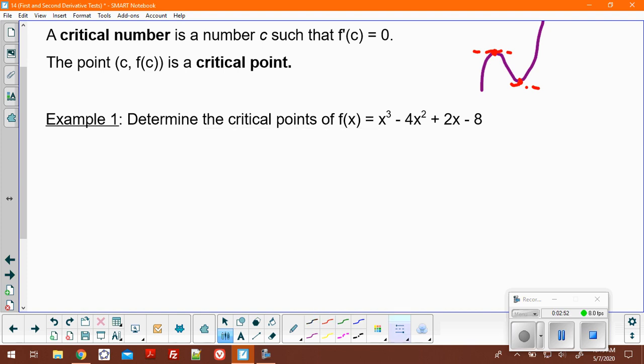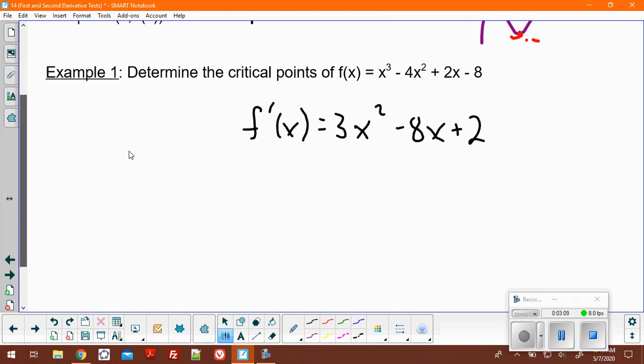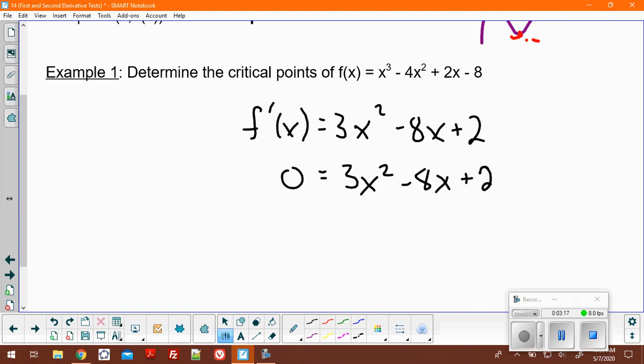I just have to take my derivative, so f prime of x. At the moment we're dealing with polynomials, so this is fairly straightforward. It's going to be 3x squared minus 8x plus 2. Now I need to set this equal to 0 and see what I get for my critical points.